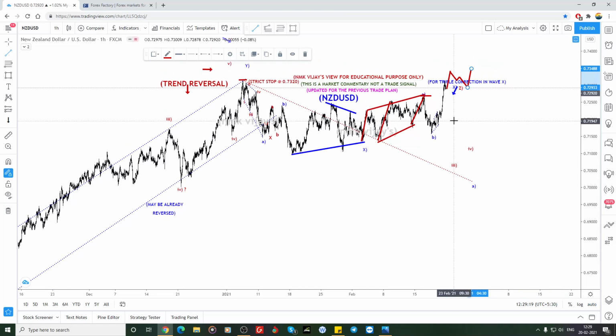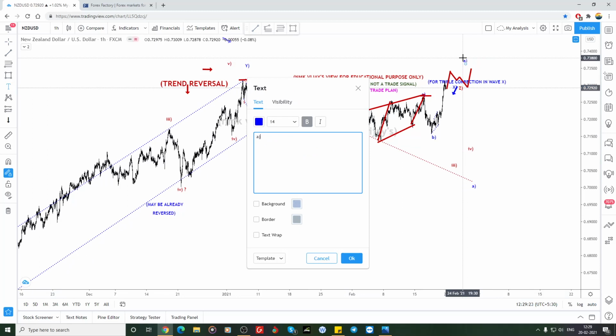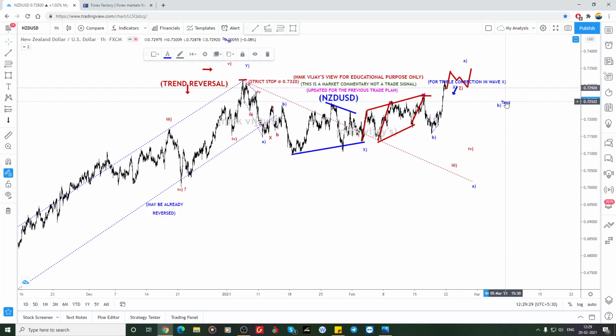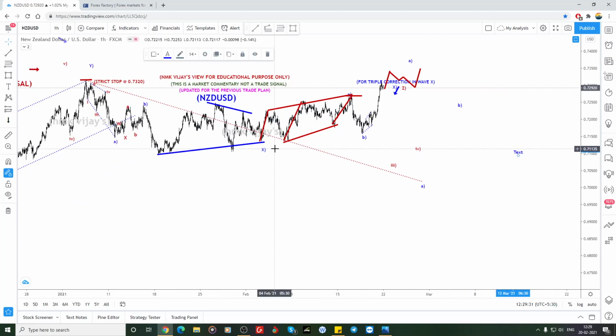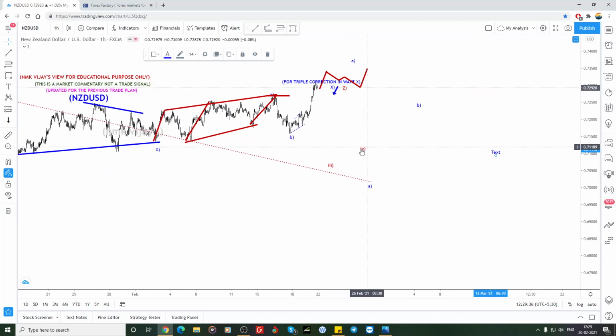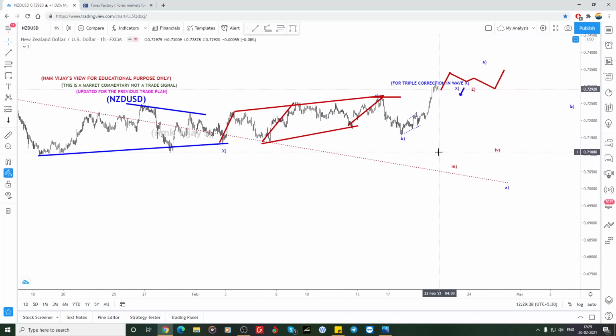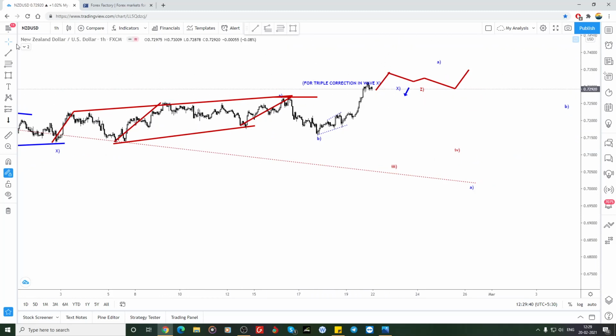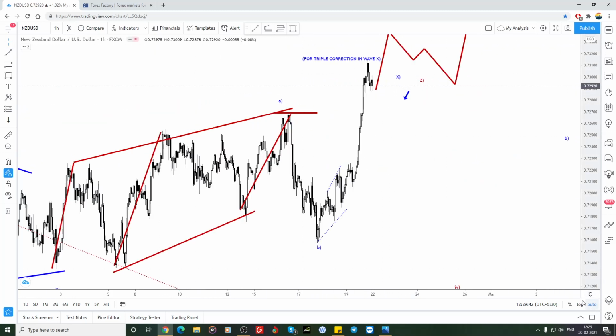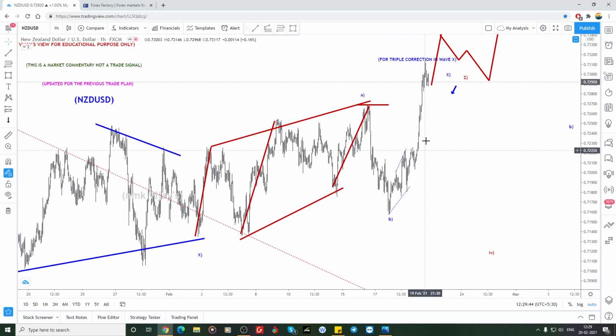So the whole thing becomes an A also. So mind that there are a lot of options here. A, and then it could be a B, after that the C, or this is the A wave. So we are in the B wave, it has already ended here. So we already started that C wave, which means it can be 1, 2, 1, 2, 3, 4, 5.